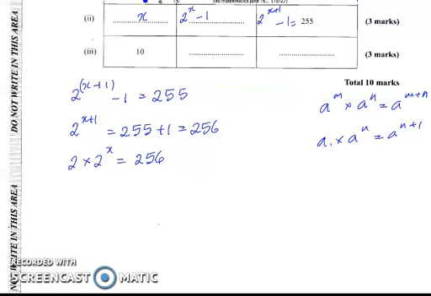So the reverse is true. Here this is 2 to the 1 multiplied by 2 to the x, so 2 multiplied by 2 to the x is the same as saying 2 to the x plus 1.